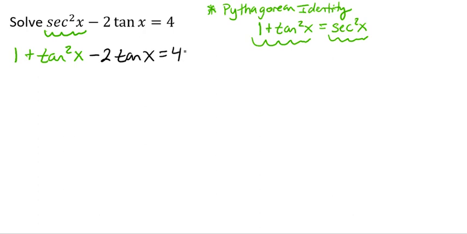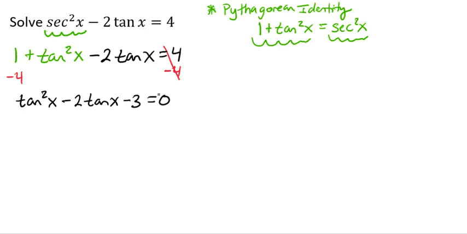So we're going to get everything over to the same side. So we'll subtract 4 from both sides, which will give us, I'm going to write it in order as well, the tangent squared of x minus 2 times the tangent of x minus 3 equals 0.